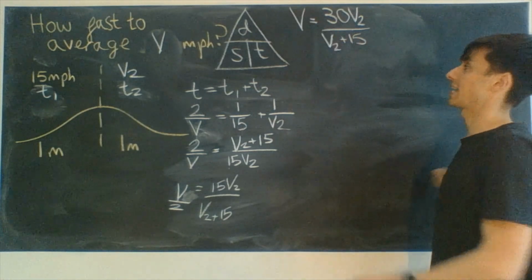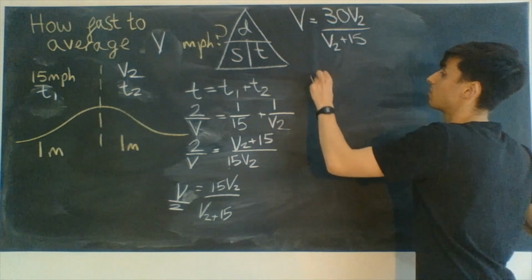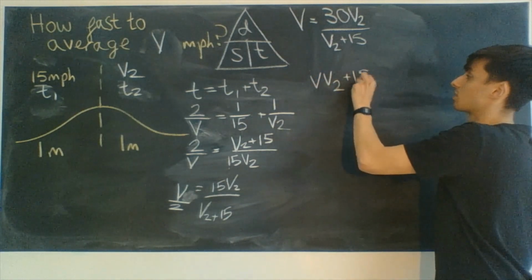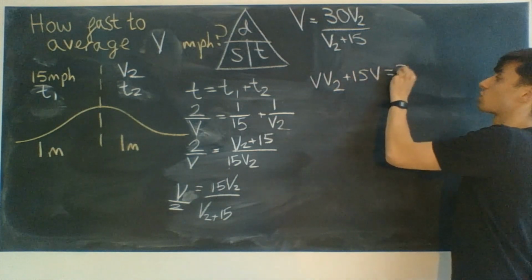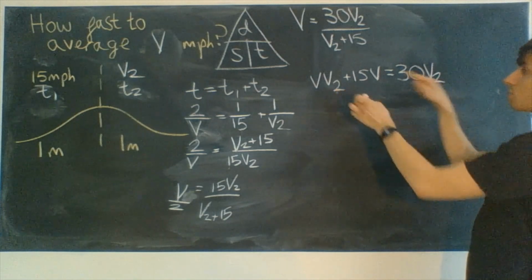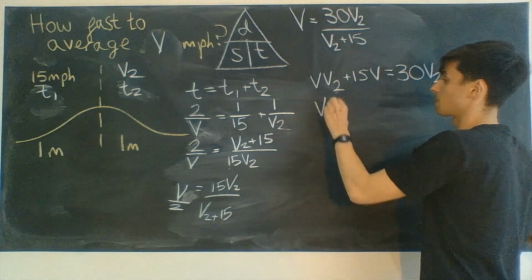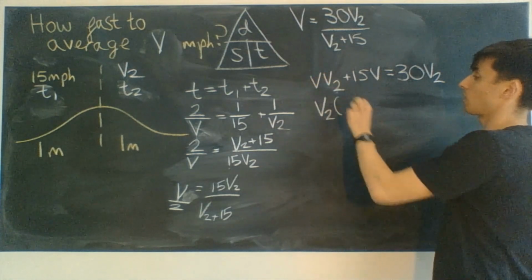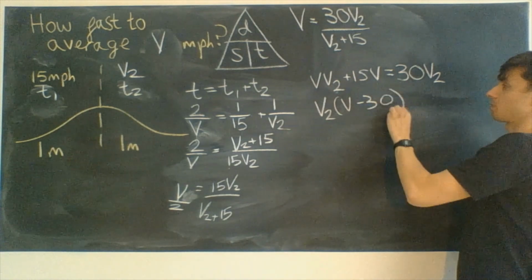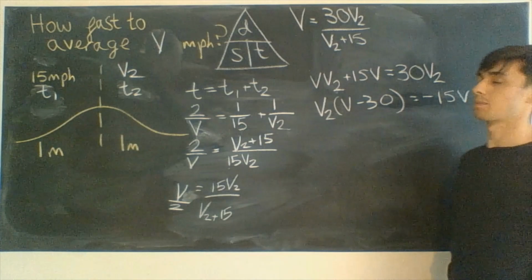So let's rearrange this thing to make v2 the subject. First of all, multiplying out by v2 plus 15. And when we do that, we'll get v v2 plus 15v equals 30v2. Next step would be moving our v2's to the same side. So we've got v2 brackets, and we're factoring out of v minus 30, because this moves over to the other side, equals minus 15v.